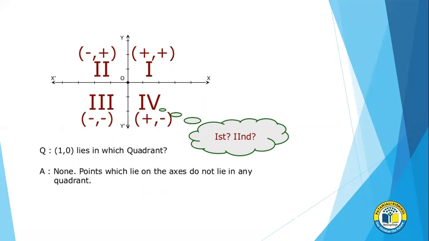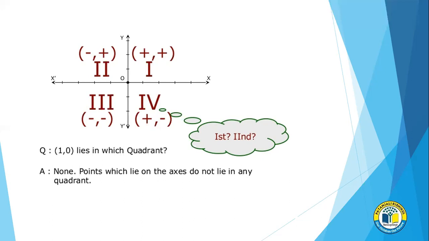It cannot lie in any quadrant because the y coordinate is 0. When the y coordinate is 0, then the point lies not in a quadrant but on the x-axis. Similarly, if the x coordinate is 0, the point will lie on the y-axis. So in this way, we can locate any point on a Cartesian plane.